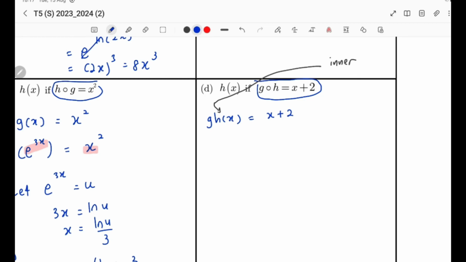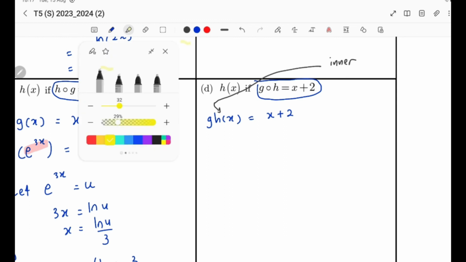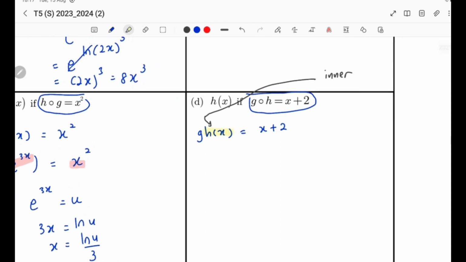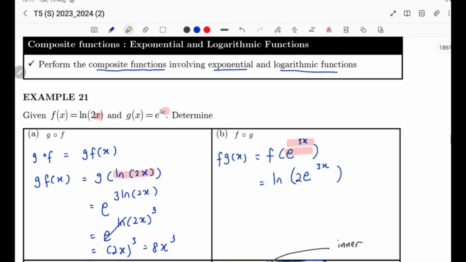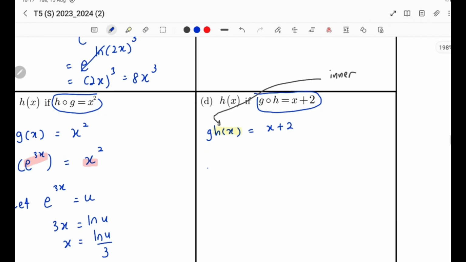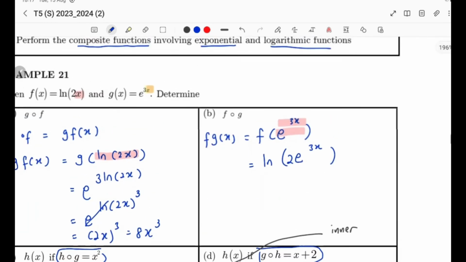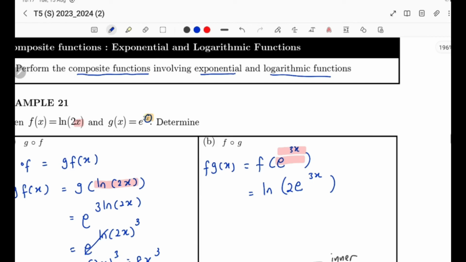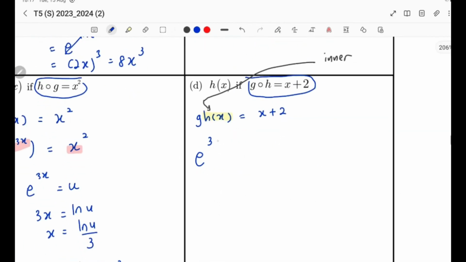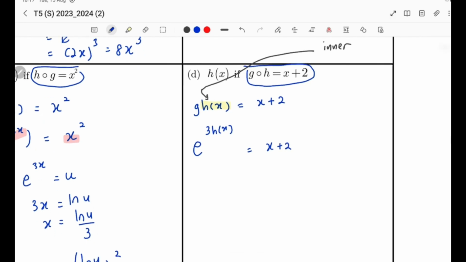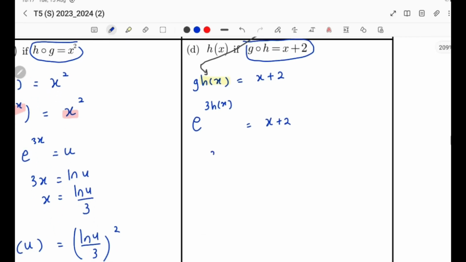So if we don't know the inner function, we're just going to substitute h(x) into g, which is into the x. It's going to be e to the power of 3 times, x here, substitute with h(x), equals x plus 2, and then rearrange until we have h(x) as the subject.